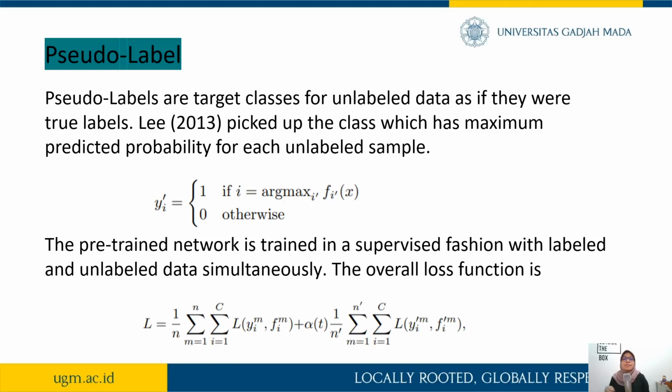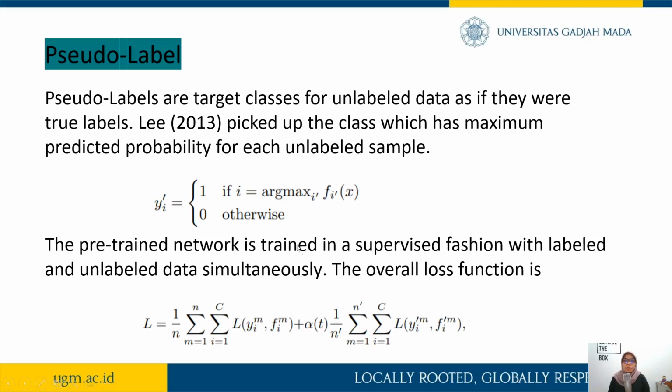So here y_i' is equal to 1 if i is the argmax of the maximum predicted probability, and 0 otherwise. Then the network is trained in a supervised fashion with labeled and unlabeled data simultaneously.